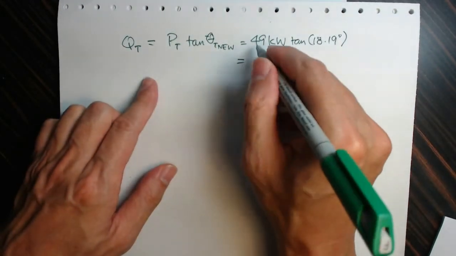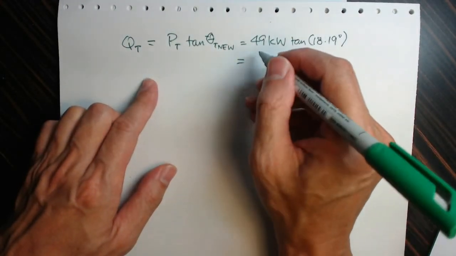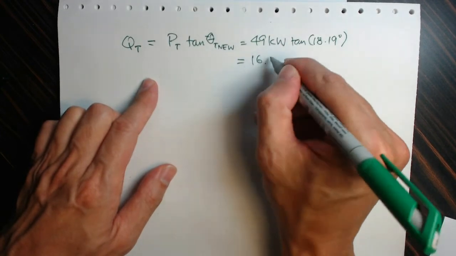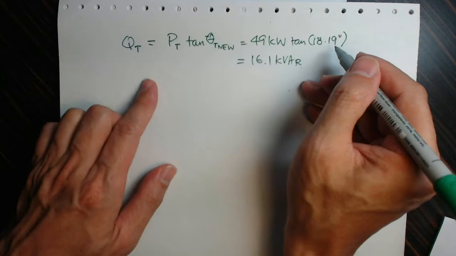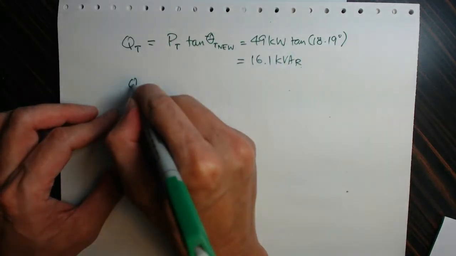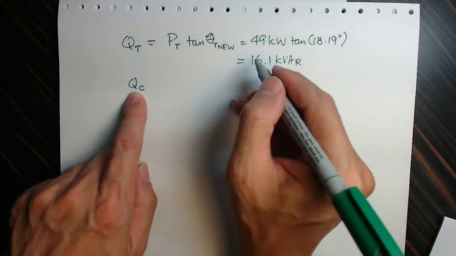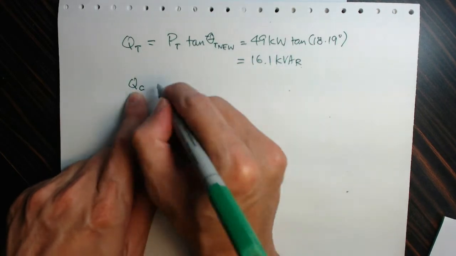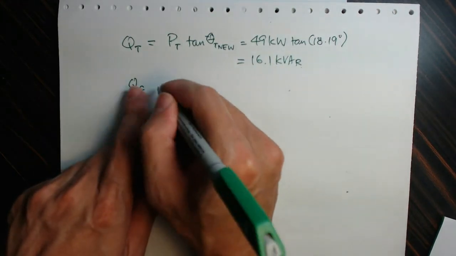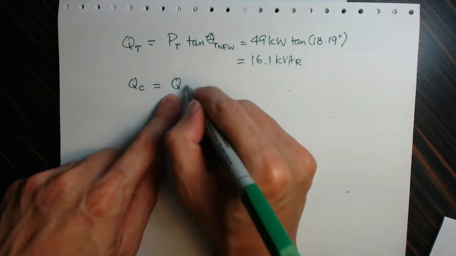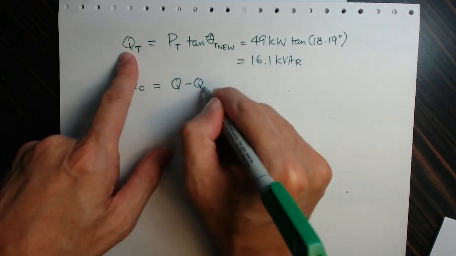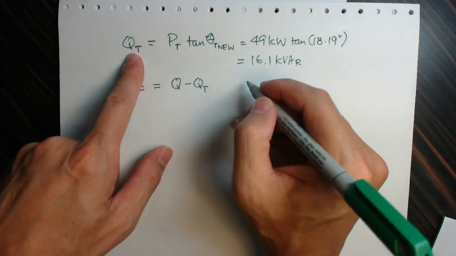That gives me 16.1 kVAR. Then we go back to this formula that the reactive power to be contributed by the capacitor is the original reactive power subtracted by the new reactive power.